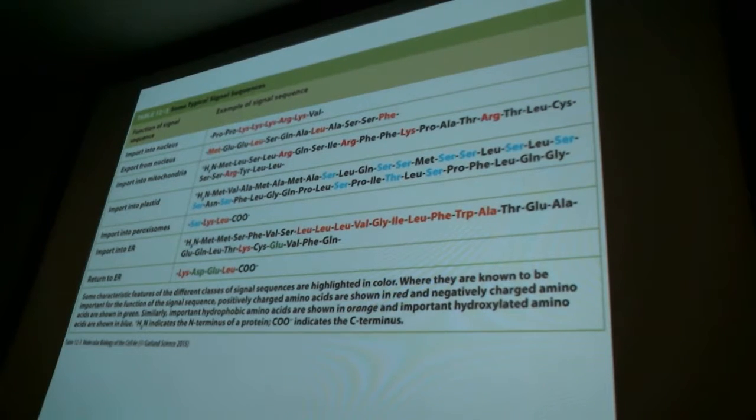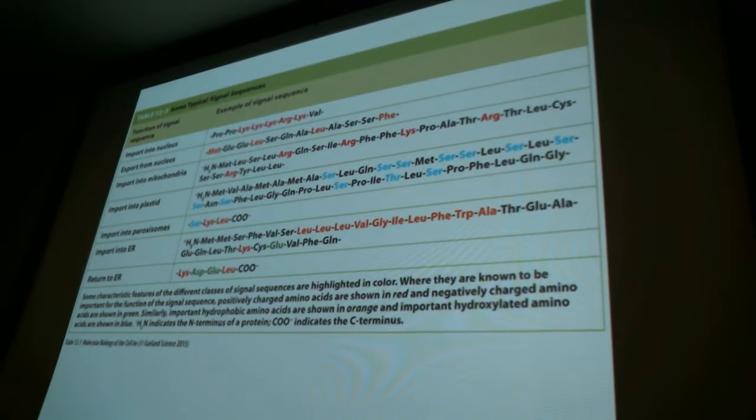So conceptually, if we think about this, we've been talking up to now about this sequence that proteins have that determines the import into the ER, because it's on the outside, the cytosolic side where the ribosome is. So this is just one example. What is typical of these import signals is that it's something like 10 hydrophobic amino acids, a sequence of hydrophobic amino acids.